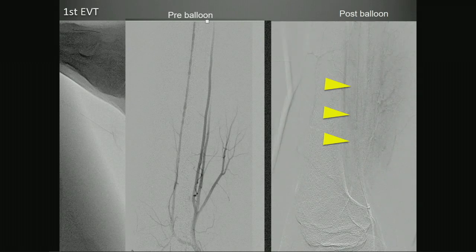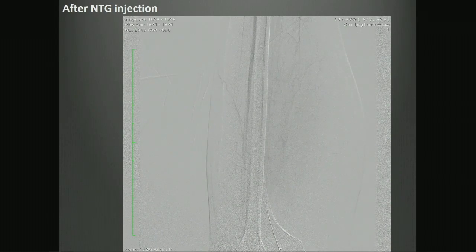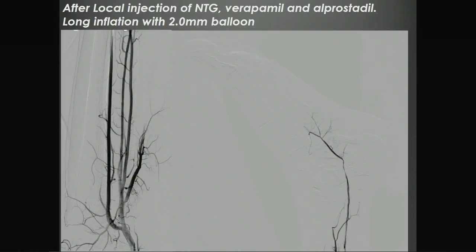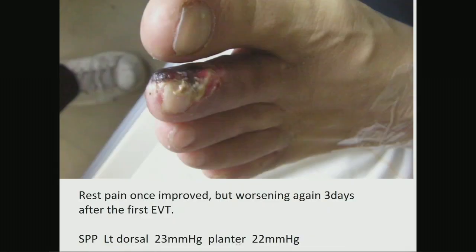So after that, we injected nitro, but it did not improve the spasm. So we added nitroglycerin, verapamil and alprostadil prostaglandin, and long inflation with a 2-millimeter balloon.